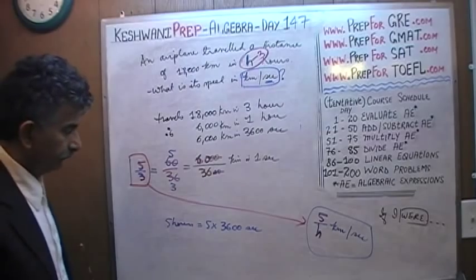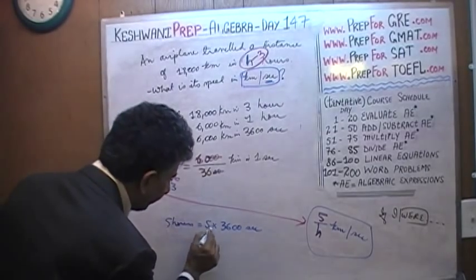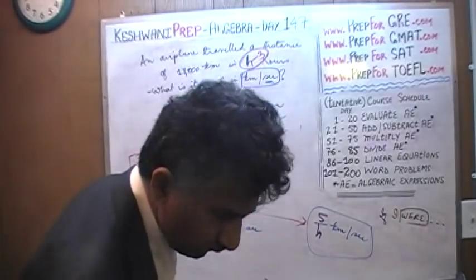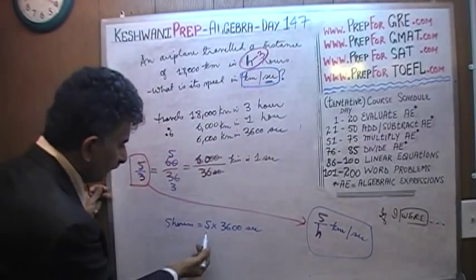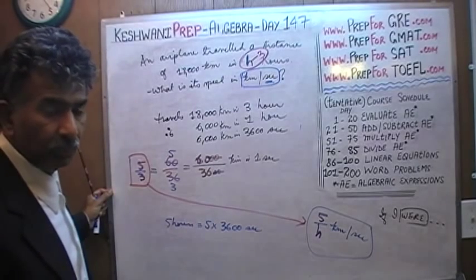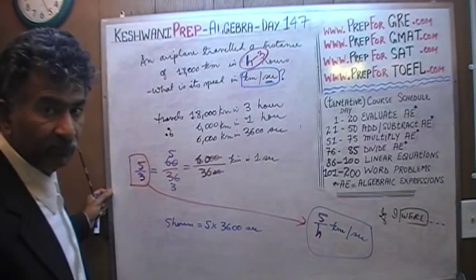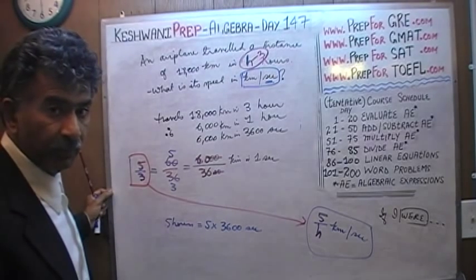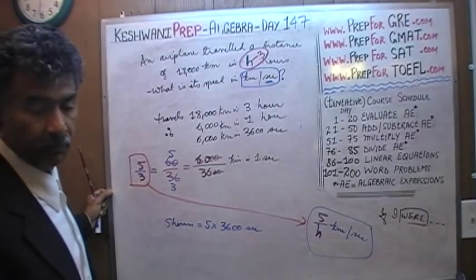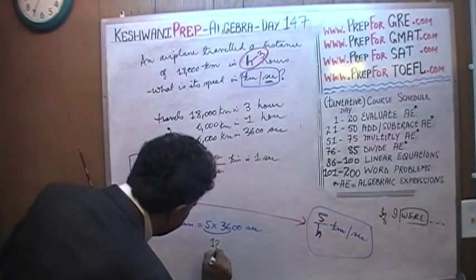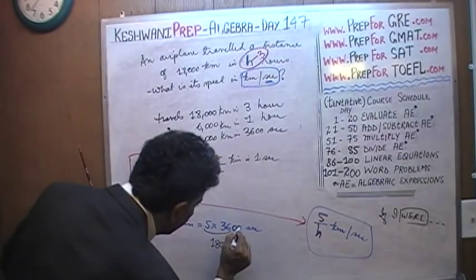Well, 5 times 36. Again, listen carefully, try to understand the logic. I do not know what 5 times 36 is, but I do know that 10 times 36 is 360. Therefore, 5 times 36 must be half of 360, which is 180. This quantity is 180, and then we got 2 more zeros.